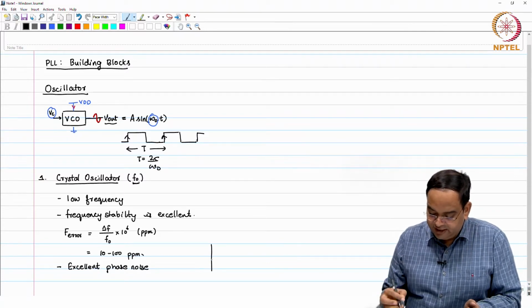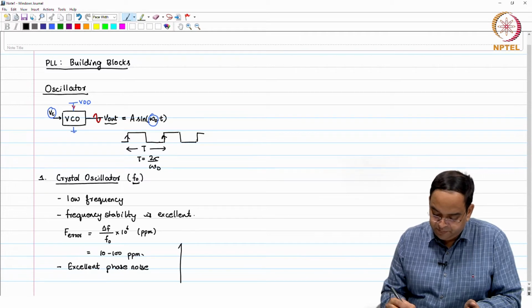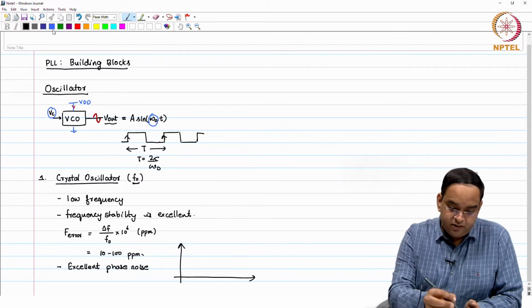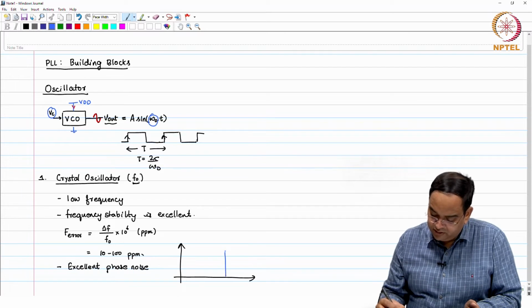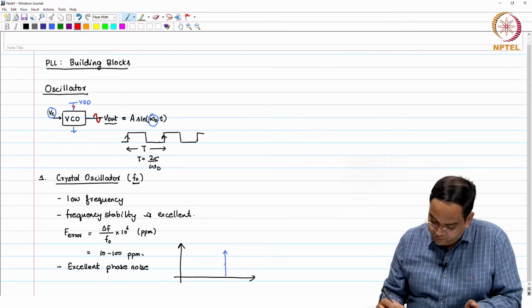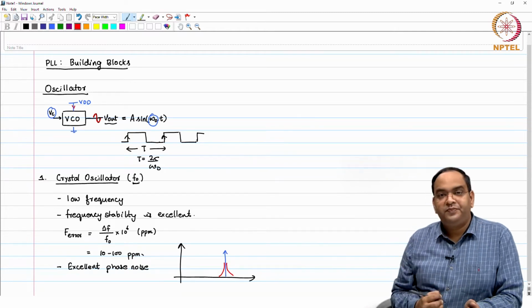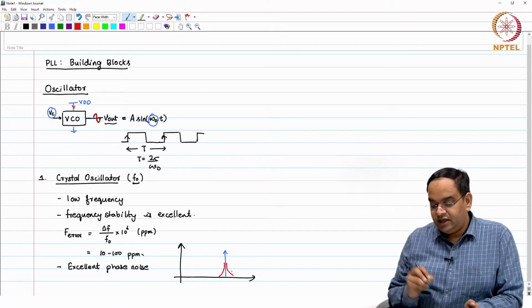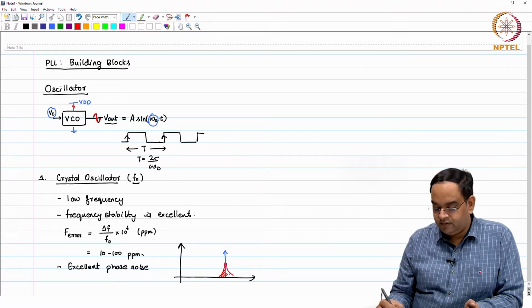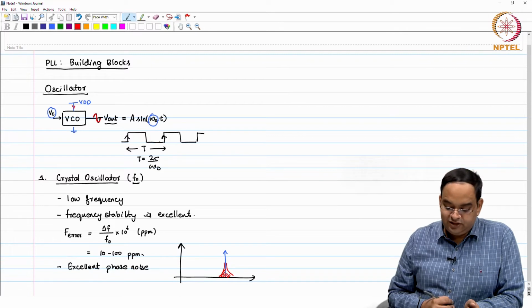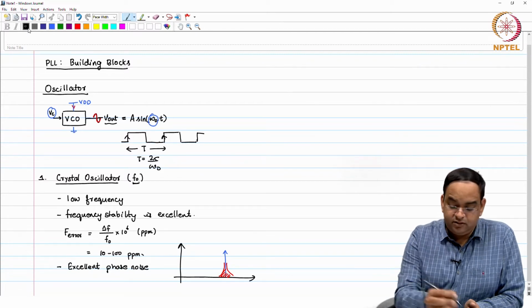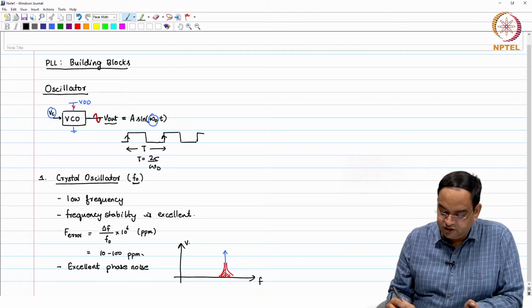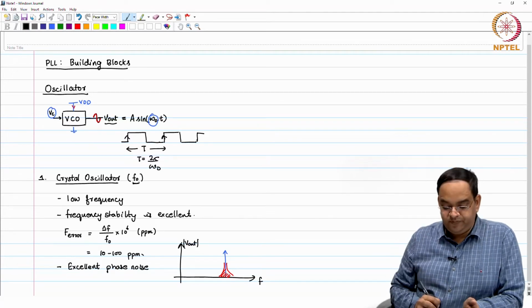So, if you look at the spectrum of the crystal oscillator, you may get a tone, okay, and then very low phase noise means the perturbations near the output frequency are going to be quite low. Okay. That is what you are going to have. Whereas, in other oscillators you may get a lot of phase noise. So, this is your crystal oscillator output spectrum.